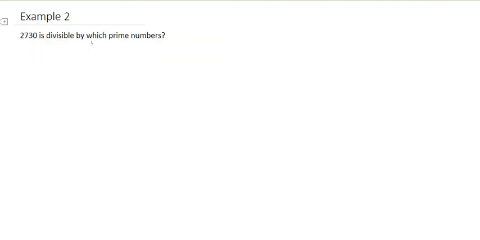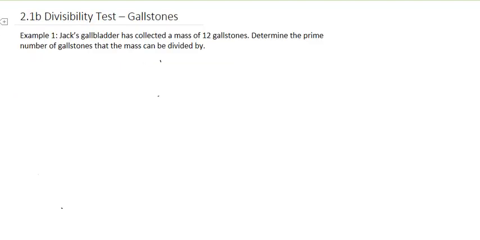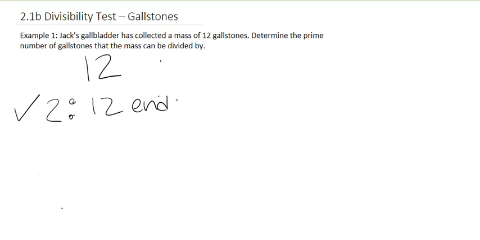So now let's go back to our example. So we have 12. So let's go over our divisibility test. So 2 is yes. This is because 12 ends with an even number.